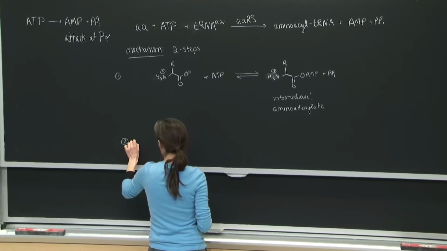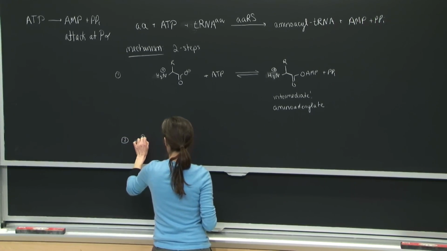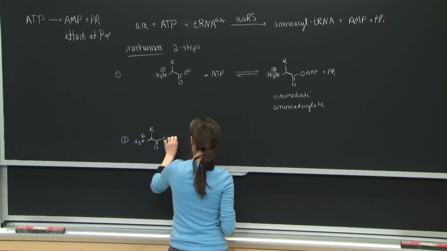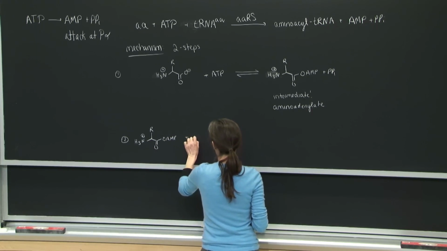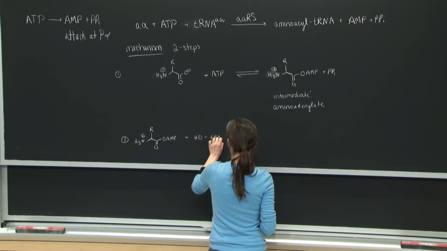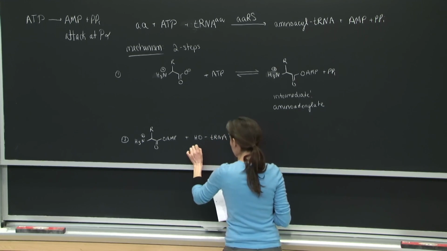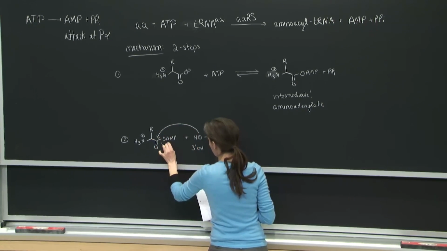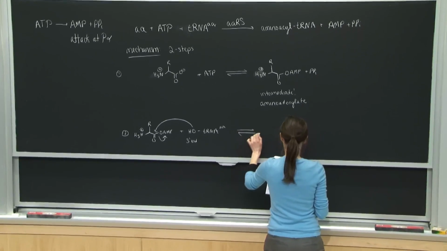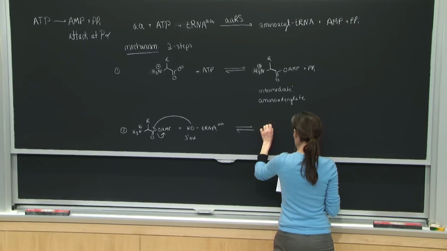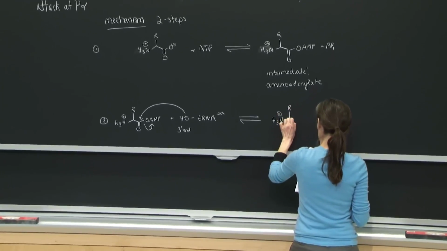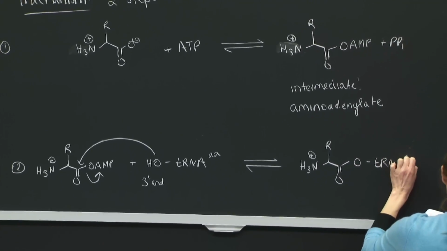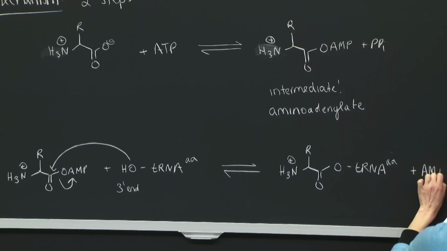Okay, we can take our aminoadenylate, have our tRNA, this is the 3' end here, and we can have attack with release of AMP.